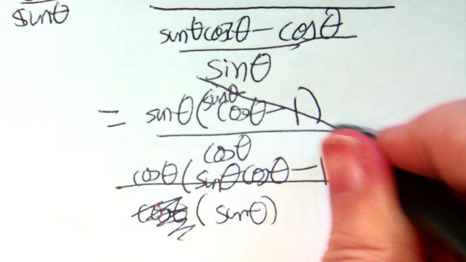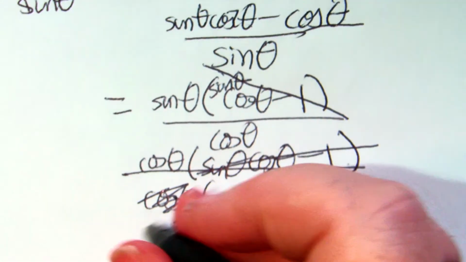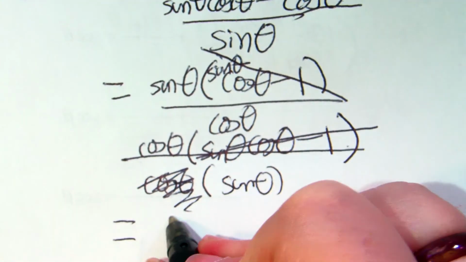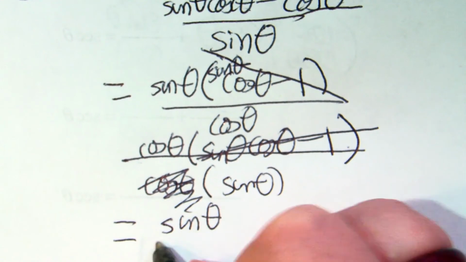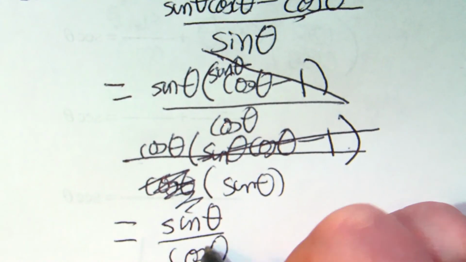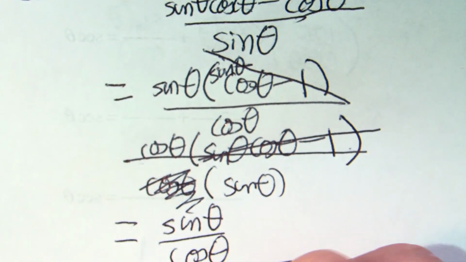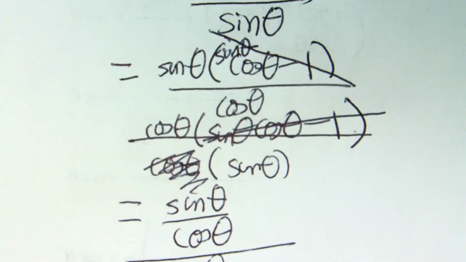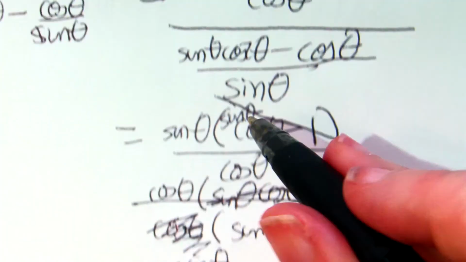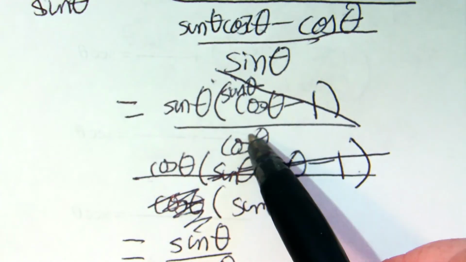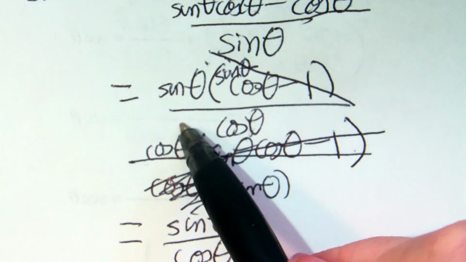So those cancel. And what we're left with is sine theta, and I'm not going to give you one like this on the test, so don't worry about it, over cosine theta over sine theta. This one is sine over cosine, and this one is cosine over sine.